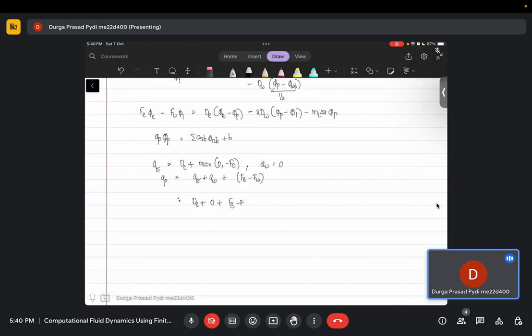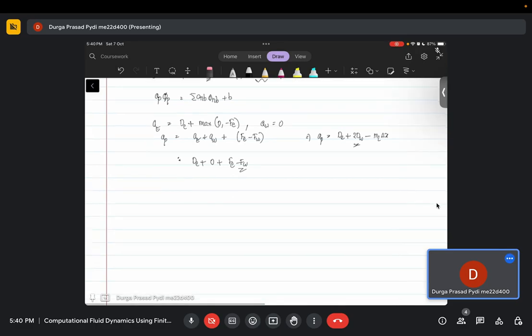But if we try to compare the equations, what are the terms we are getting for AP? So we have a DE here plus 2 dW, and then ml into delta x minus ml into delta x. If you compare this equation with this, we need to modify this slightly.